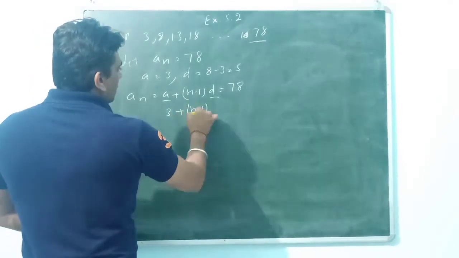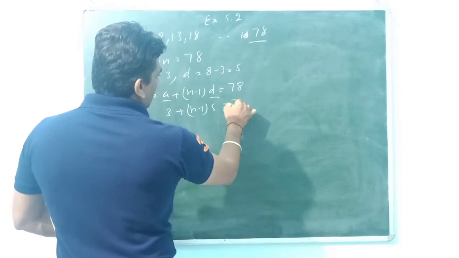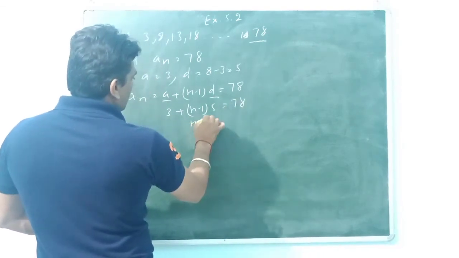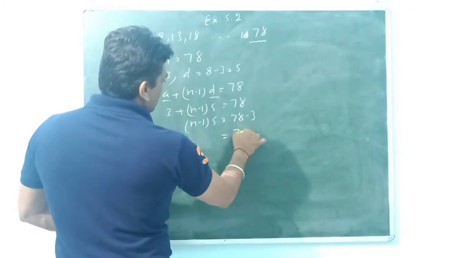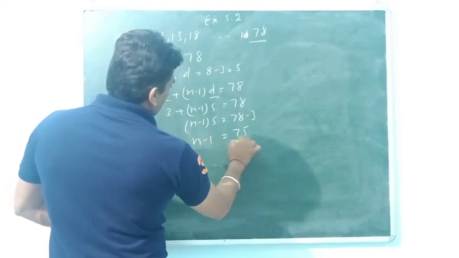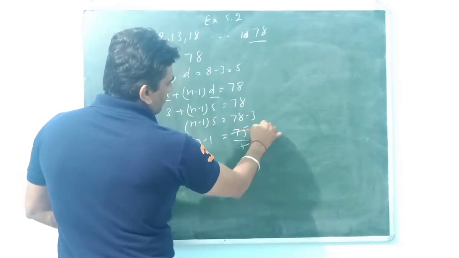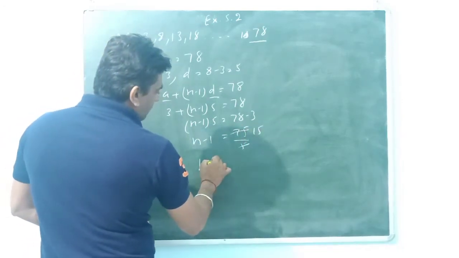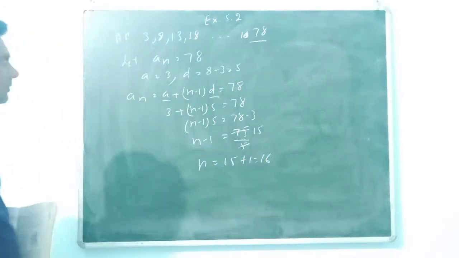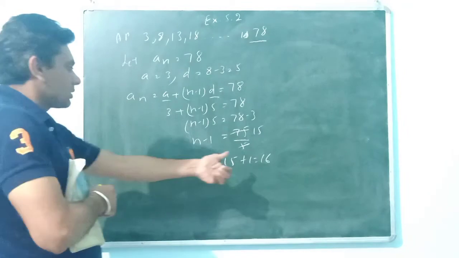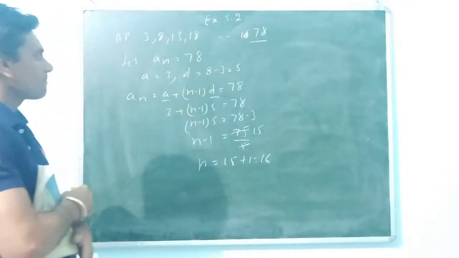N minus 1. And what is value of d? D is 5. 78. N minus 1 into 5 equal to 78 minus 3, 75, or n minus 1 equal to 75 upon 5. N equal to 15 plus 1 equal to 16. So 16th term of this AP is 78.